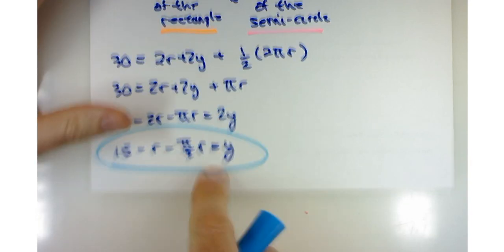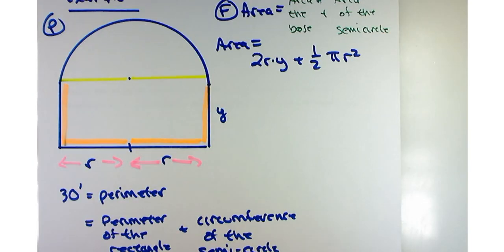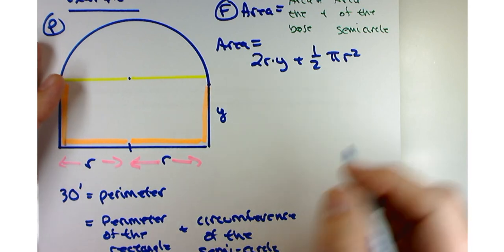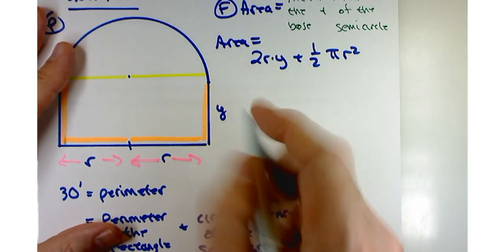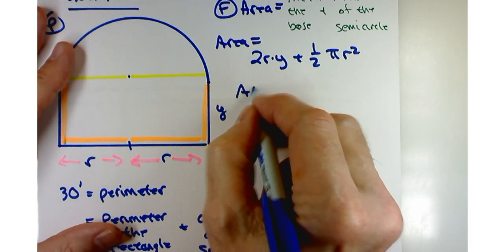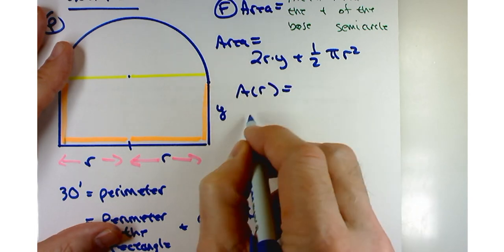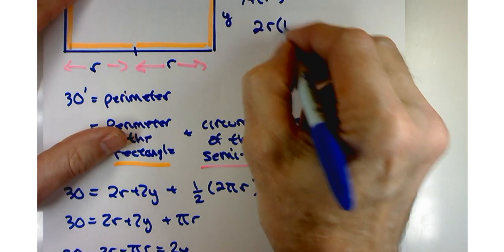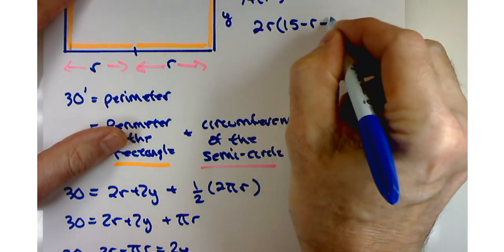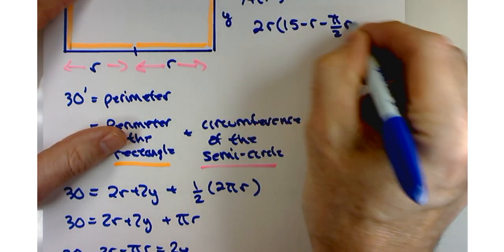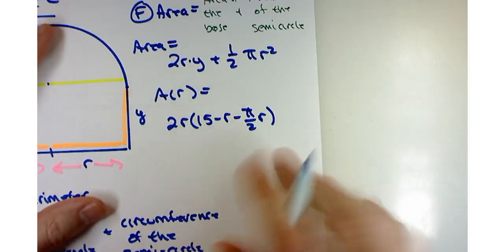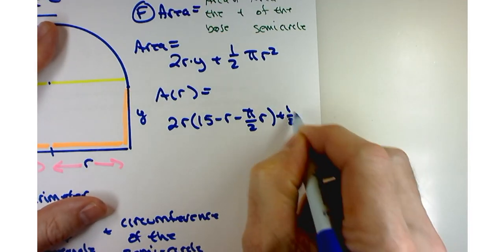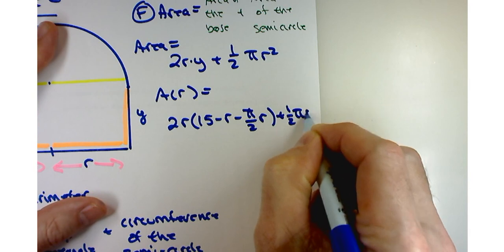Let's substitute that in here and see what we can come up with in terms of a function that just depends on one variable. It's going to be our A of r equals 2 times r times 15 minus r minus pi over 2 times r plus 1/2 pi r squared.